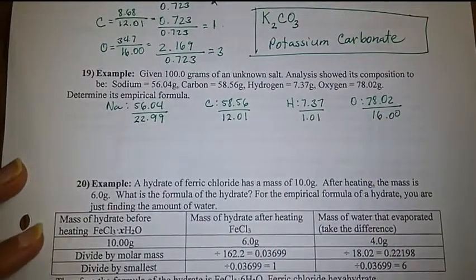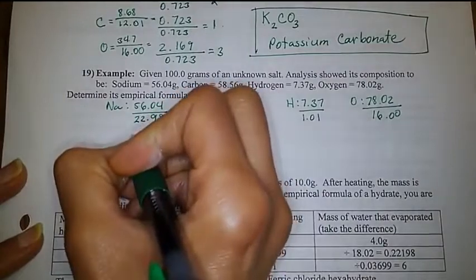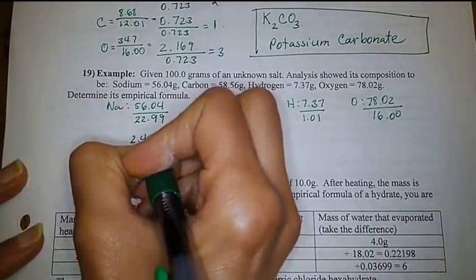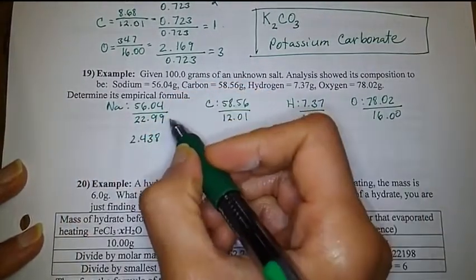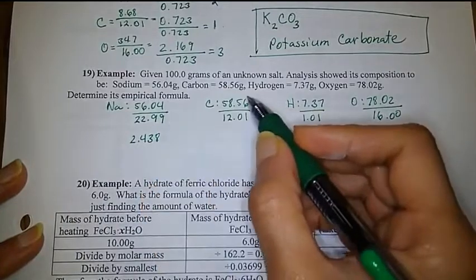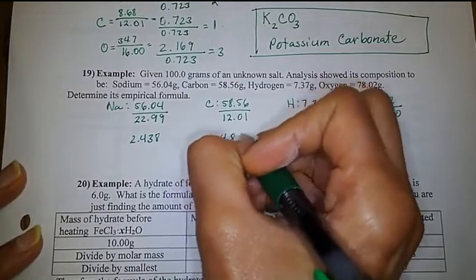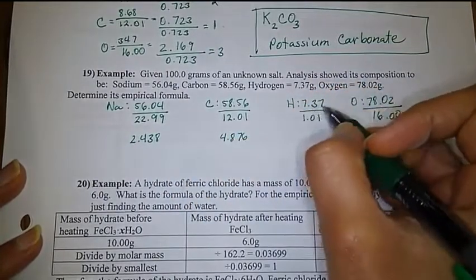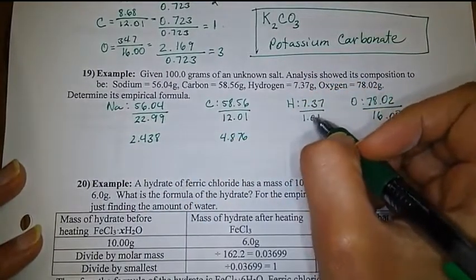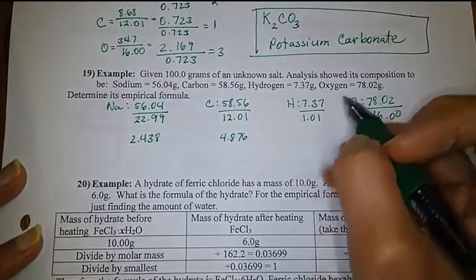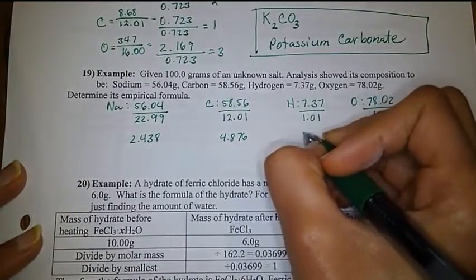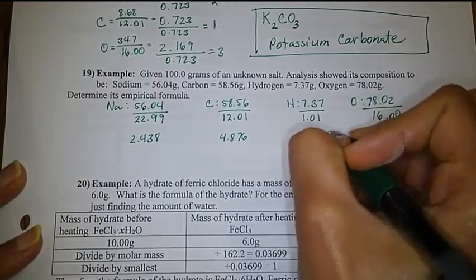Okay? So now divide by this and you get 2.438. When you divide the two numbers for carbon, you get 4.876. And then dividing for hydrogen, 7.37 divided by 1.01 in our calculator should give us 7.297.